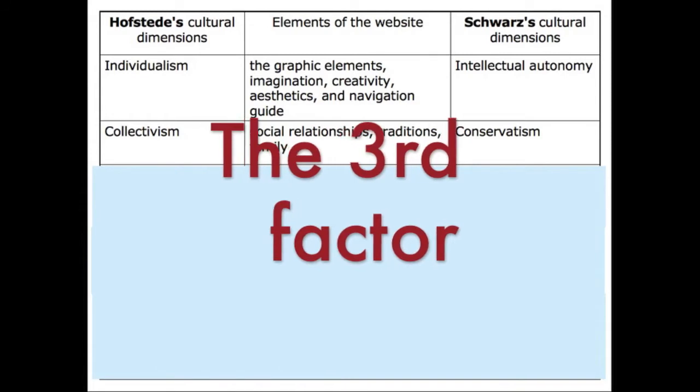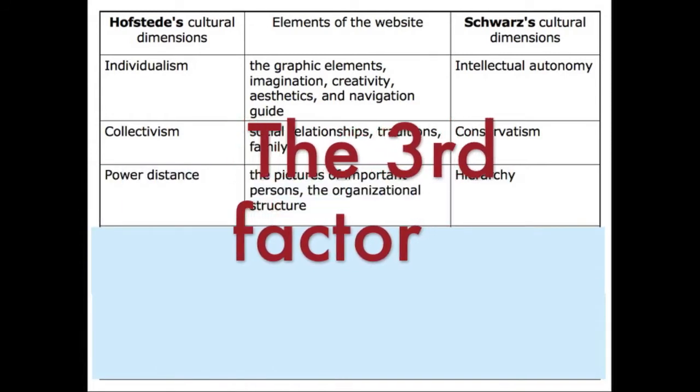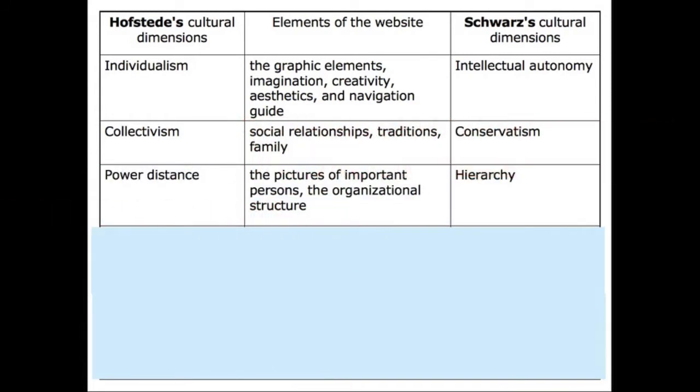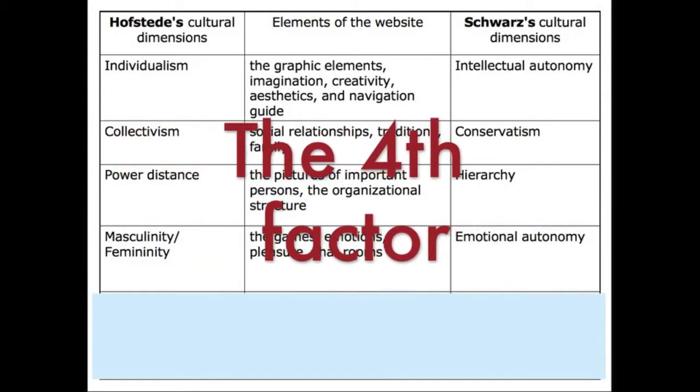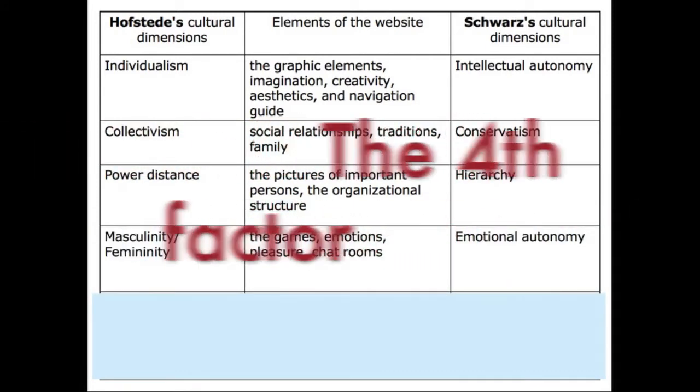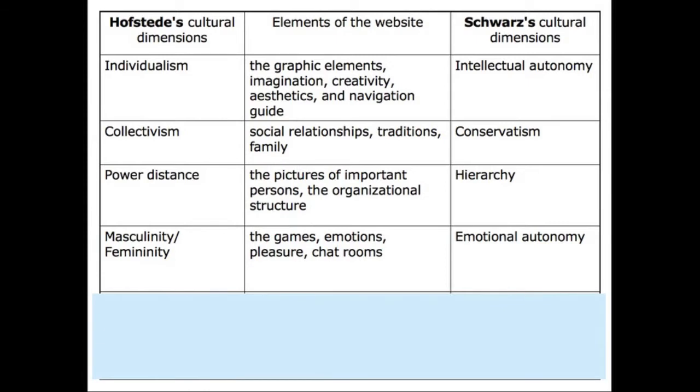Third factor is the pictures of important persons and the organizational structure. It measures the hierarchy by Schwartz and power distance by Hofstede. Fourth factor is the games, emotions, pleasure, chat rooms. This is Schwartz's emotional autonomy dimension.